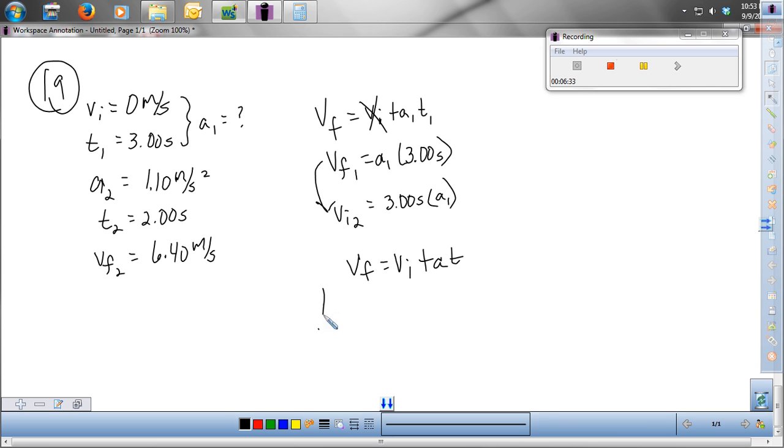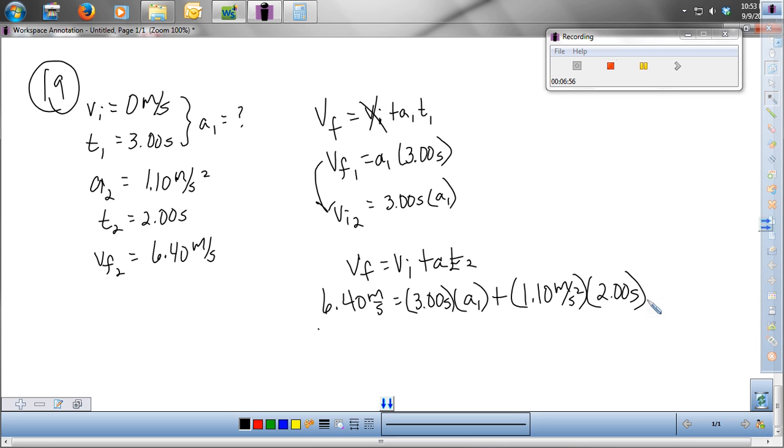then I can say 6.40 meters per second is equal to Vi, which was 3.00 seconds times A1, plus acceleration 2 times time 2. Acceleration 2 is 1.10 meters per second squared. Time 2 lasts for 2 seconds.